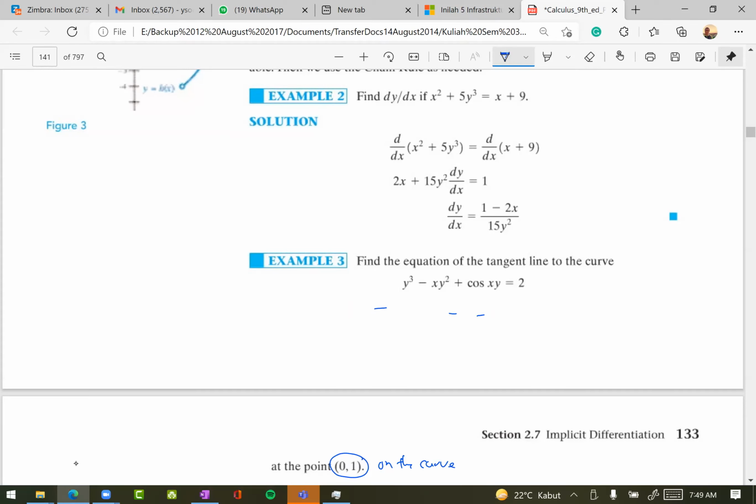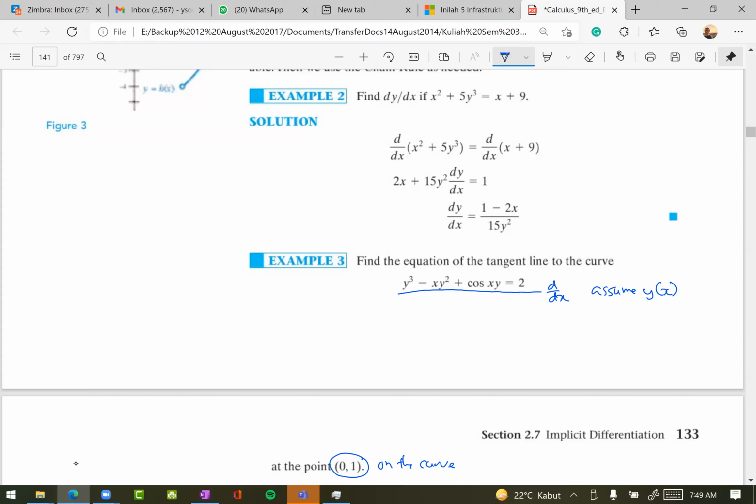Let's do implicit differentiation. Just do this here, d/dx. That means assume y is a function of x. So x is the variable, y is a function. Take the derivative.